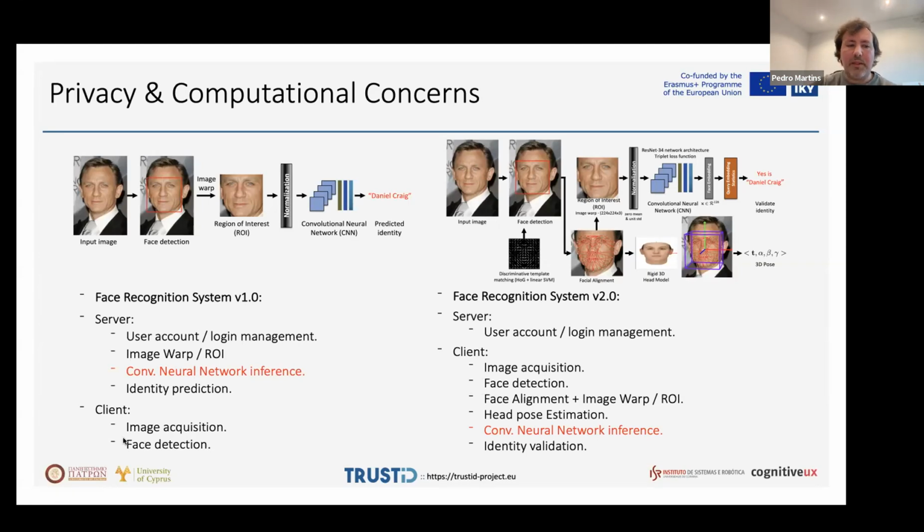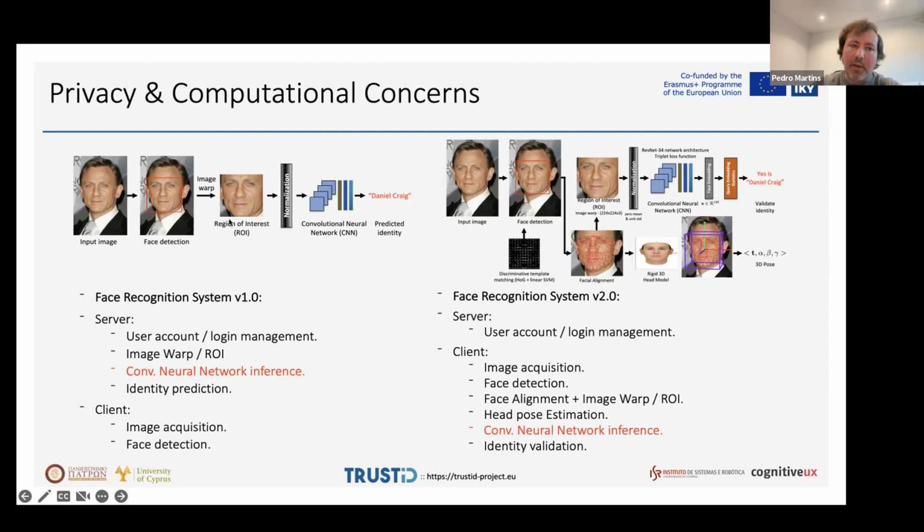So the clients, so the application that people install on their side, simply grab information from the web camera and run detection. The detection is quite fast, so we left this part on the client. Everything else is run on a server.